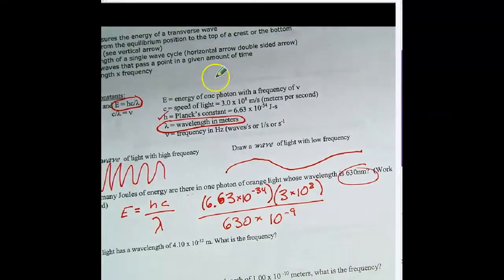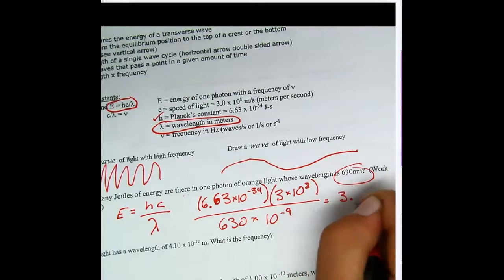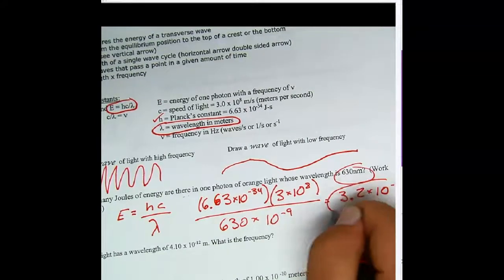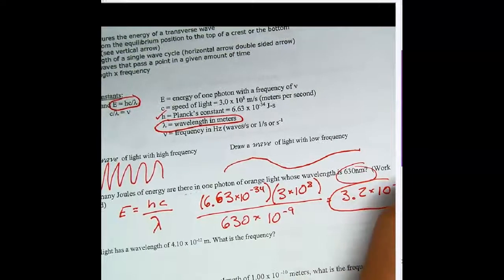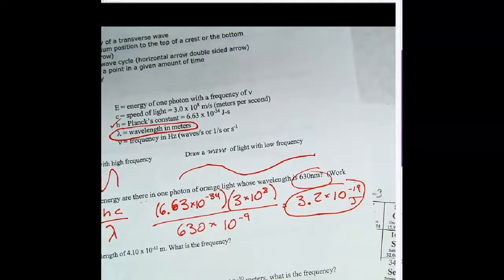And that's how you would plug it in. Plug that into your calculator using the parentheses as well. So for my answer, I got 3.2 times 10 to the negative 19th. And that's in joules of energy, 3.2 times 10 to the negative 19th.